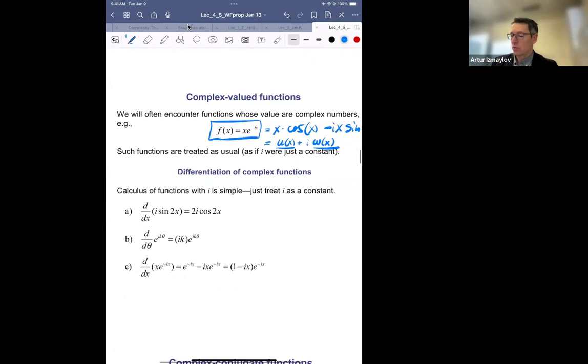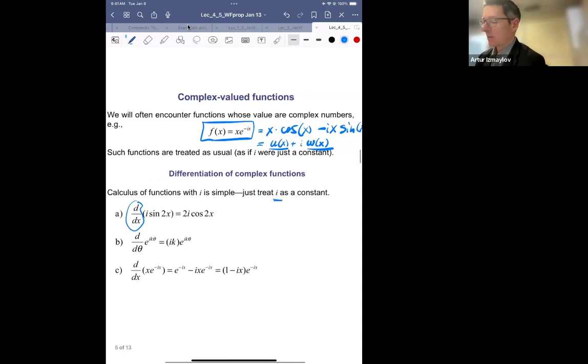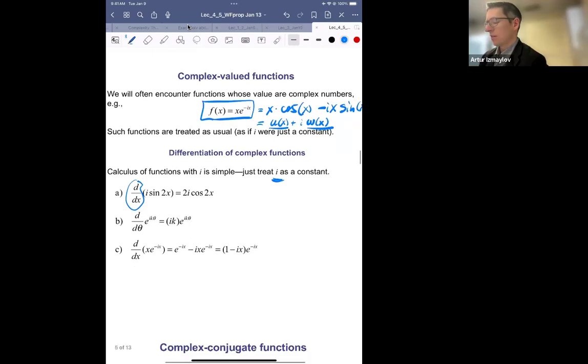And then we will need to differentiate and integrate these functions sometimes, but all these calculus operations will be done for real variables. We will not differentiate or integrate with respect to complex variables. So i is just a special constant that separates the real and imaginary parts, and if i is squared, you get minus 1.